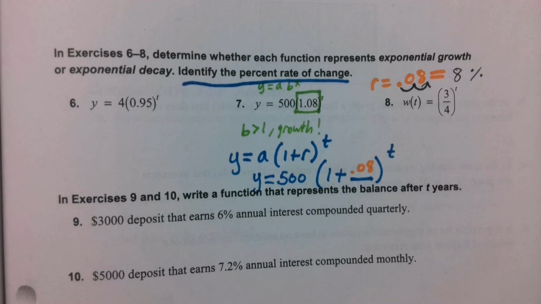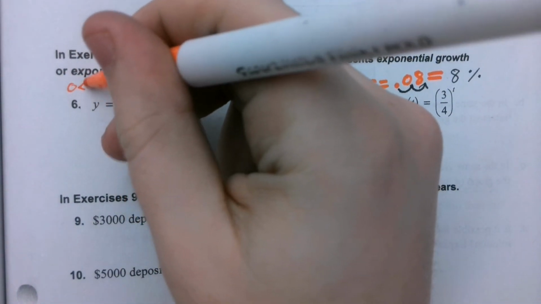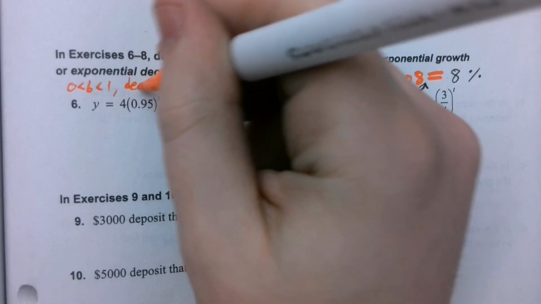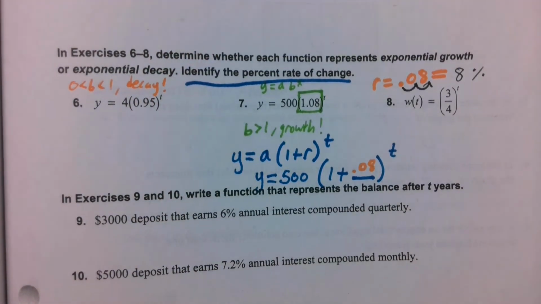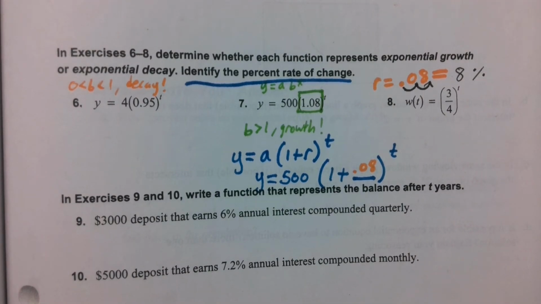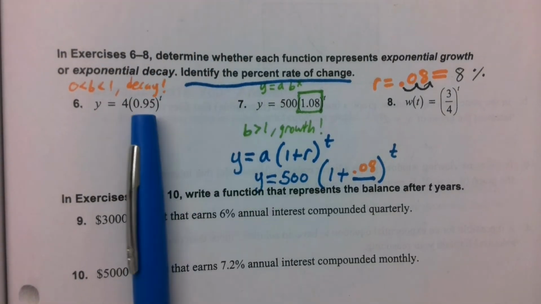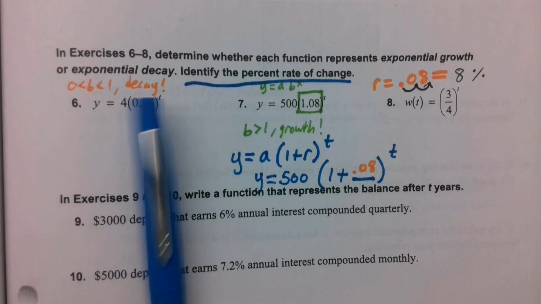Well, again, we look at our b value. It's 0.95. So our b value is in between 0 and 1. It's going to be decay. Cool. But how much is decaying by? Keep in mind, the growth factor, when it's below 1, is how much of the original value you are keeping.